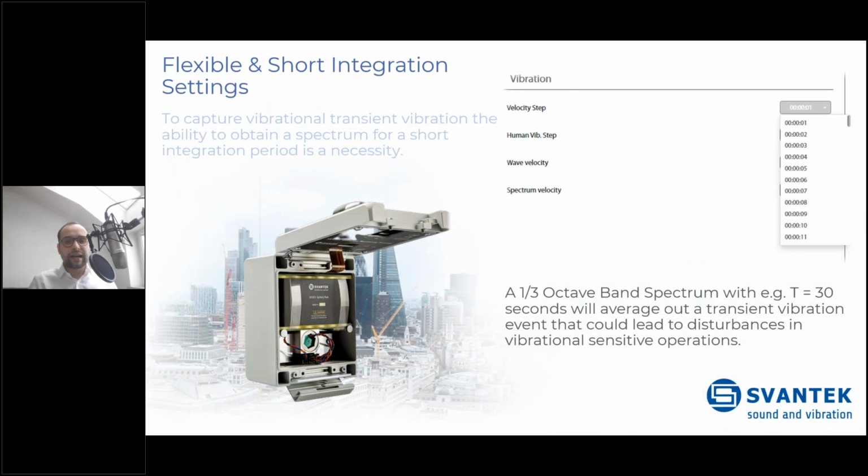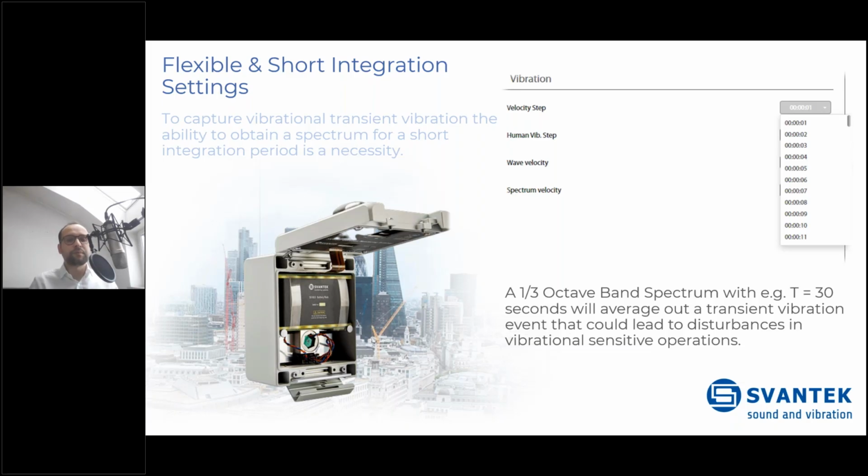Flexibility and short integration settings. As we mentioned, if you are measuring a scenario where you have transient vibrations, where you have sudden changes in levels and there is no steady state, you need to be able to have a short integration period, or you risk missing whatever it is that you're trying to measure.